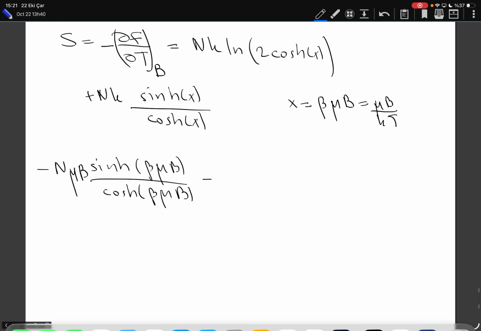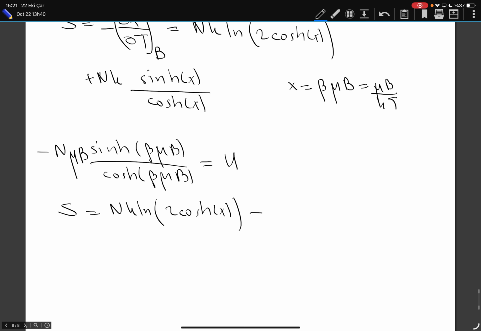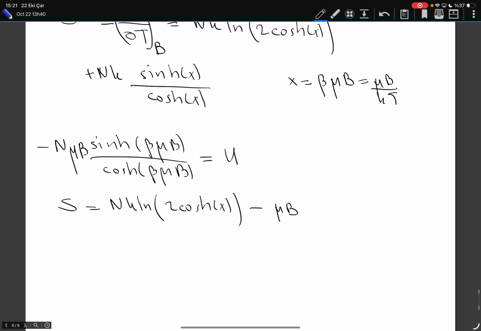Well, this is U. So S is N k logarithm of twice cosine hyperbolic x minus mu B k mu B U minus U over mu B times k.